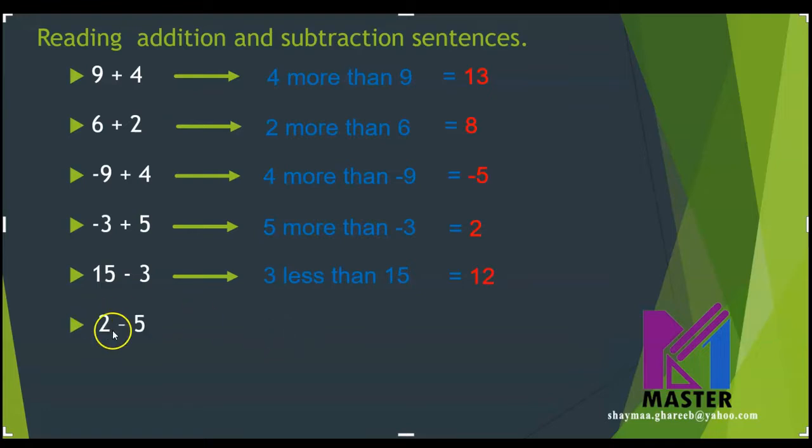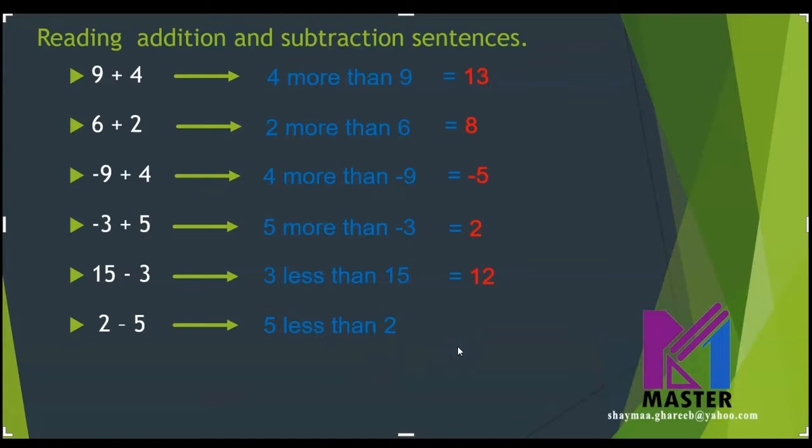What if I have a subtraction sentence like this? 2 minus 5. And we know the 5 is greater than 2. So I can read it exactly the same way: 5 less than 2. So I will count backward starting from the 2, by 5.